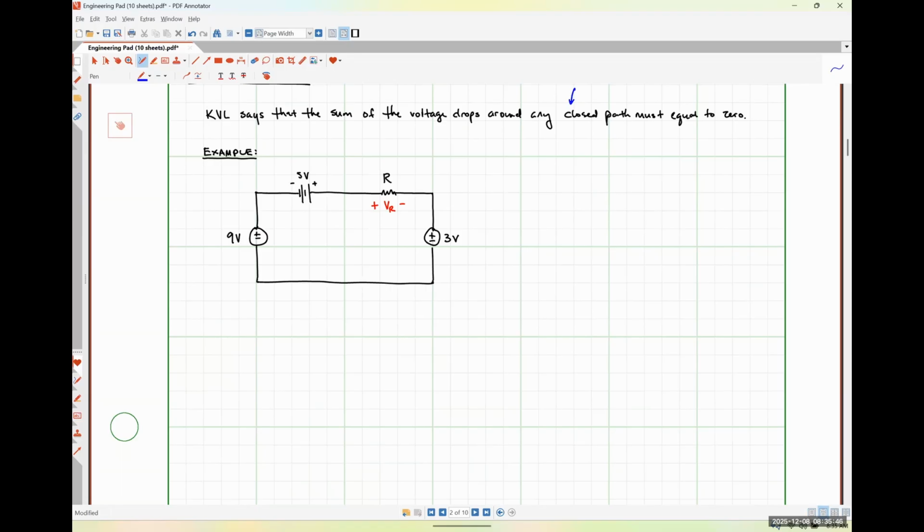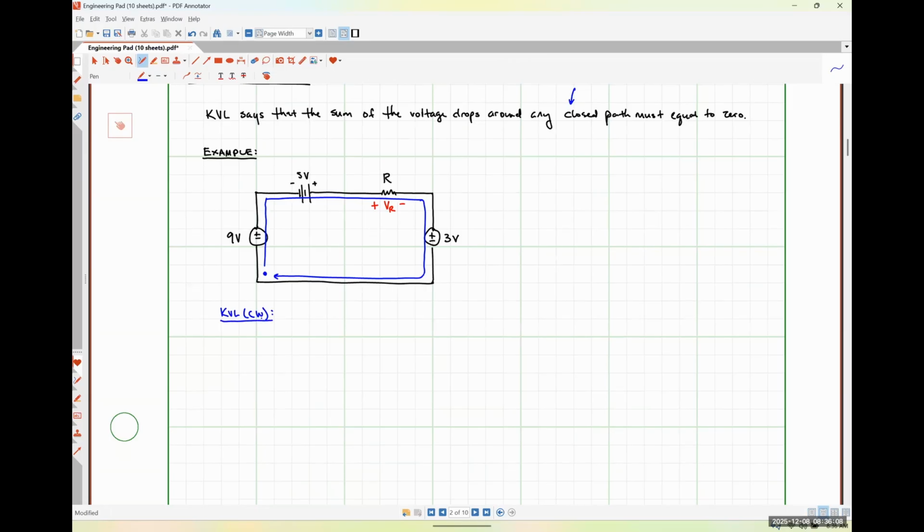I'm going to go up and around in a clockwise direction, like so. I'll write here KVL clockwise.